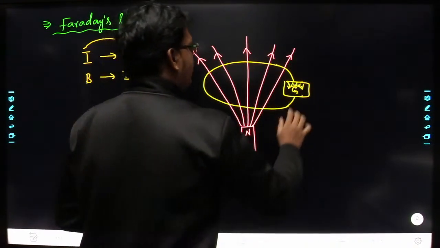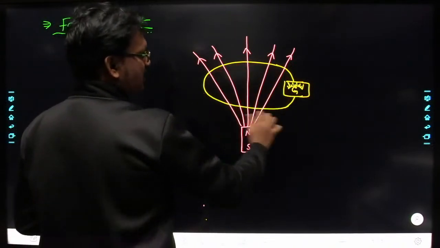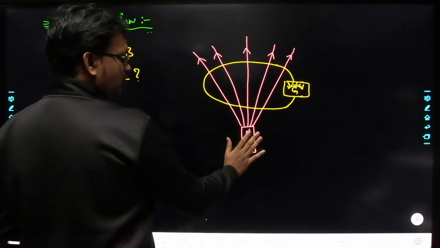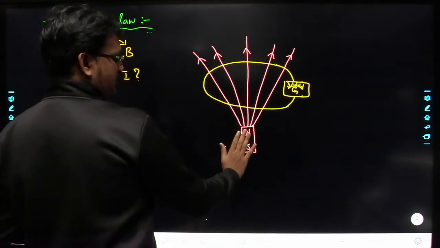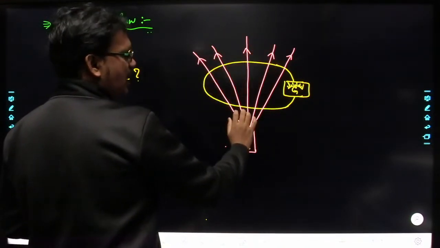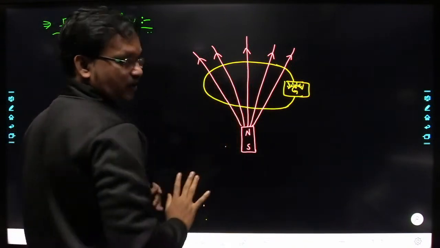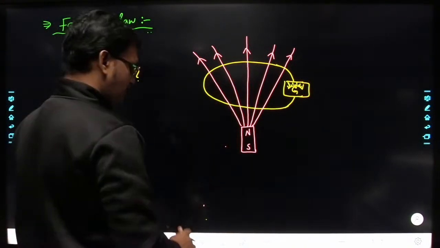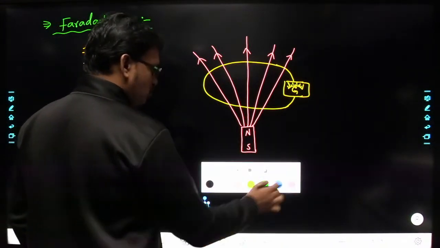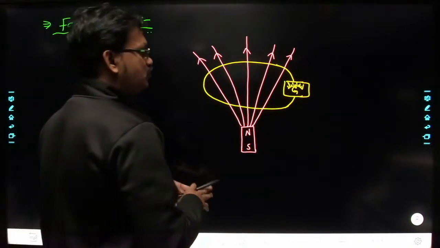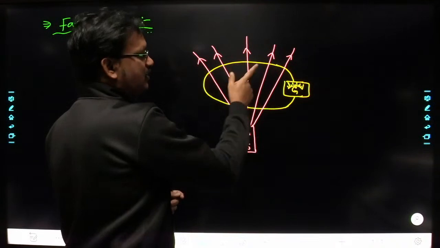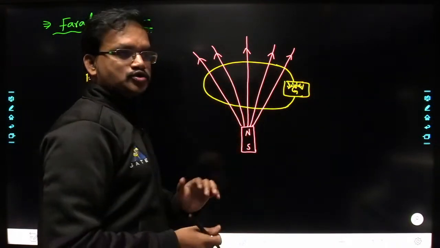That's why he has placed this conducting loop, connected a galvanometer at its ends, and placed a magnet near the loop. The magnet produces magnetic field lines that penetrate through the loop. Now he wants to know whether this B field is going to induce some current in the loop or not.